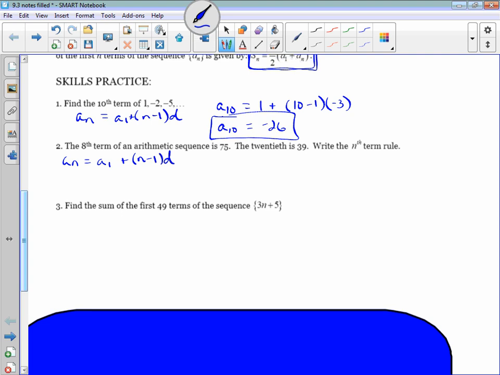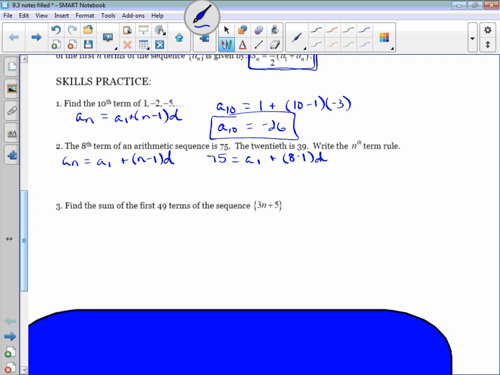So a sub 8, the 8th term is 75, right? So I can do 75 equals, I don't know what the first term is, I'm going to leave that alone. This was the 8th term, right? So my n minus 1, that's 8 minus 1, or you could just write 7. And do I know the difference yet? No, so I'm going to do a d.